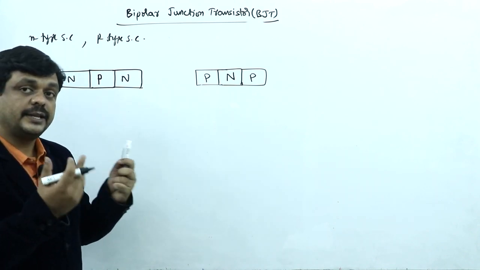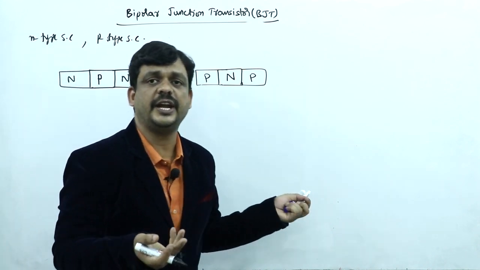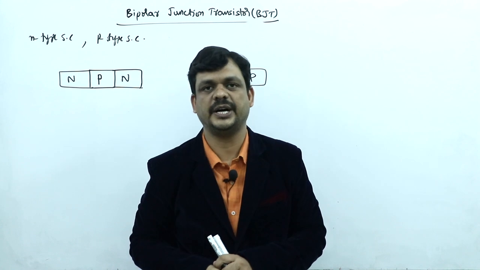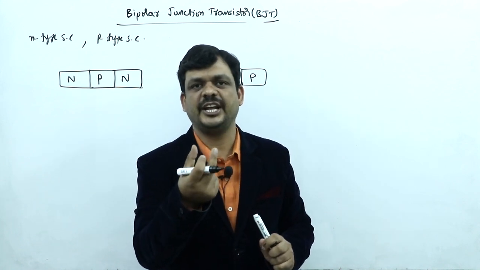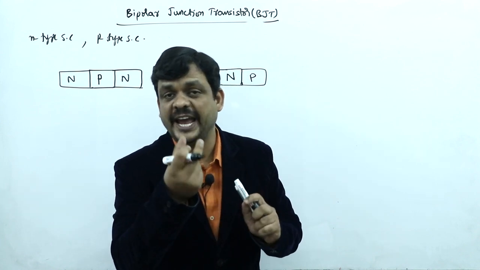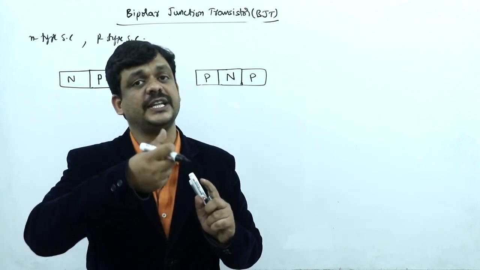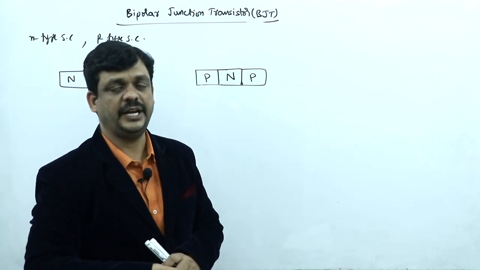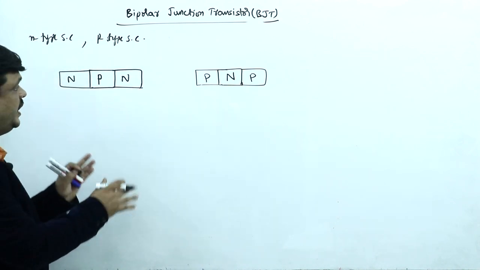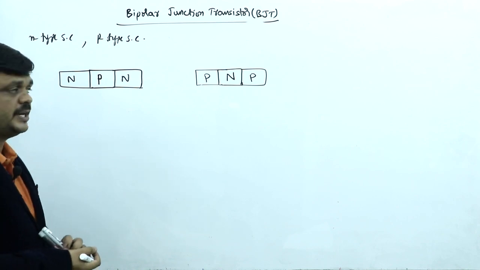Otherwise, another simple representation: a p-n junction diode adds with another p-type semiconductor on the right side, or a p-n junction diode adds with another n-type semiconductor on the left side. Any one process we can apply. So finally, we have 3 semiconductors.